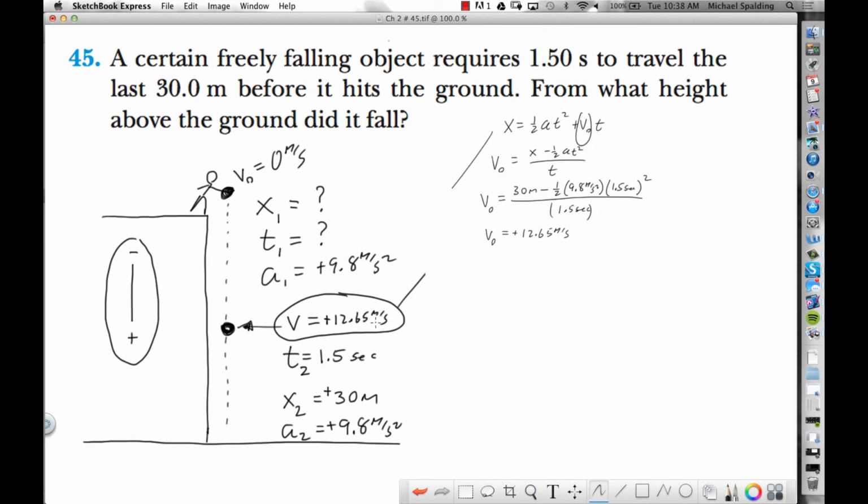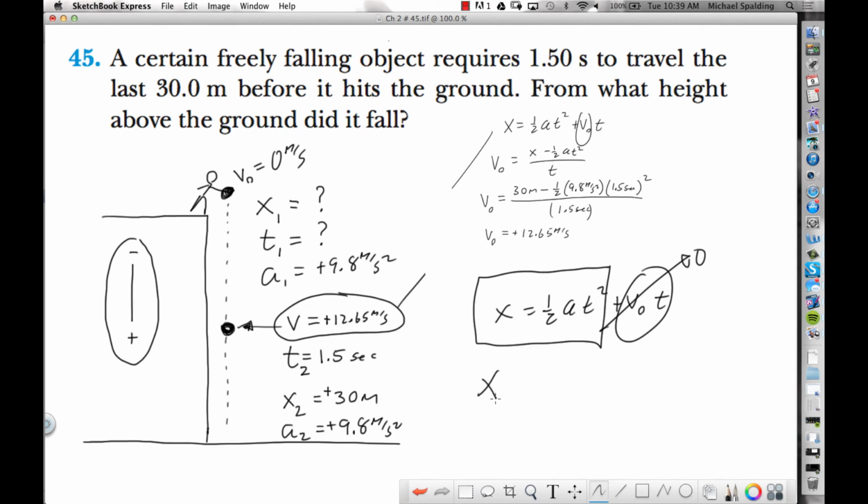Now, one more calculation and we can get x1. If you look at the same kinematic, x equals 1/2 a t squared plus v initial t. What's the initial velocity for region 1? We're now focusing on the first part of the fall, region 1. The initial velocity is 0.